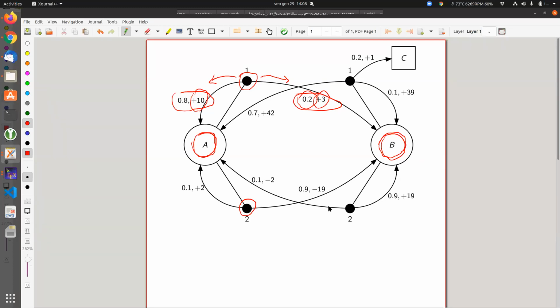All of this takes us to defining a value for states.